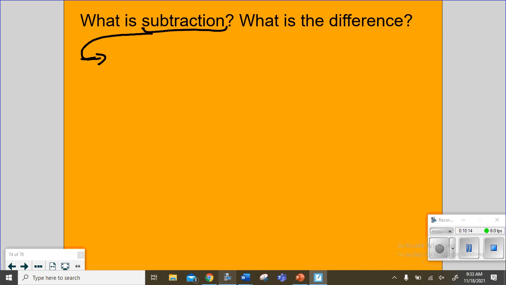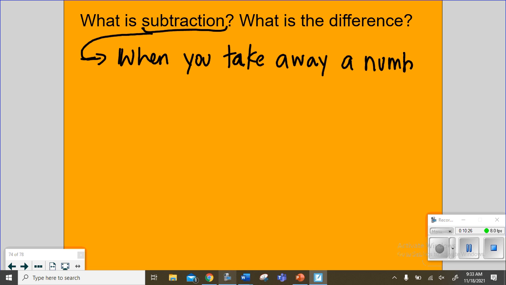Subtraction. When you take away a number, and I really like this piece, from the whole. When you take away a number from the whole.